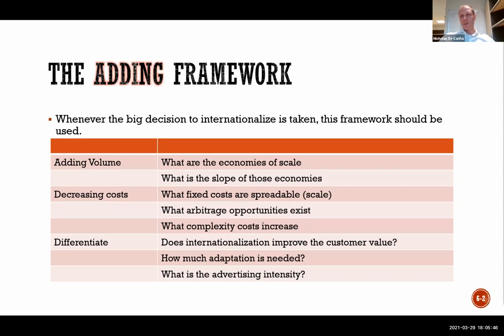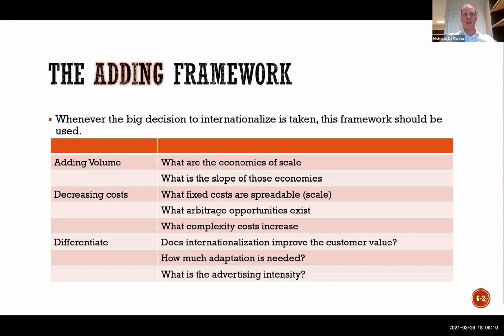Right, so just to recap, we spoke about the adding framework, and you note that this is going to be part of the next presentation. But it's really important that a company can answer this question, why are we internationalizing? And we said that there's adding volume, and you really need to ask the question, okay, great, more volume, where are we in the economies of scale?